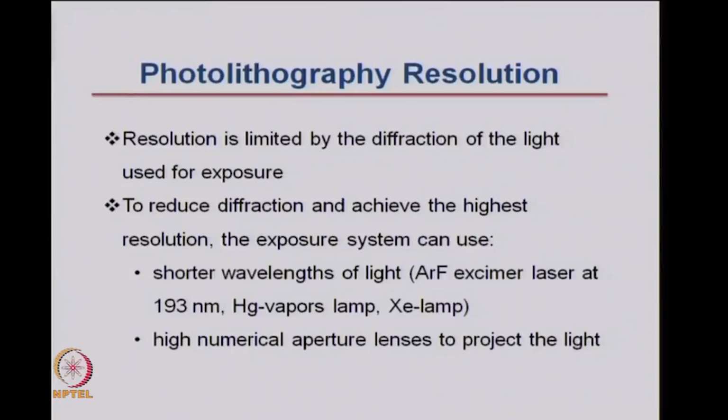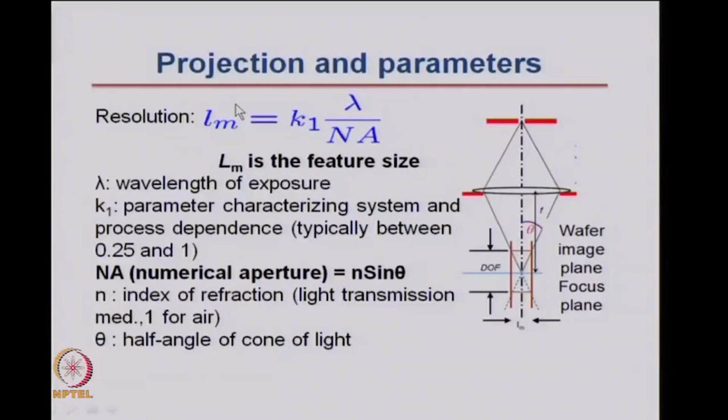The other thing is you can choose high numerical aperture lenses to project the light. So, the higher the numerical aperture, your resolution, that means your ability to see 2 points close together, will improve. So, you can come down to much smaller dimensions between 2 points and resolve them if you use a very high numerical aperture. That will become clear if you look at this equation, where for the resolution you want very small numbers.